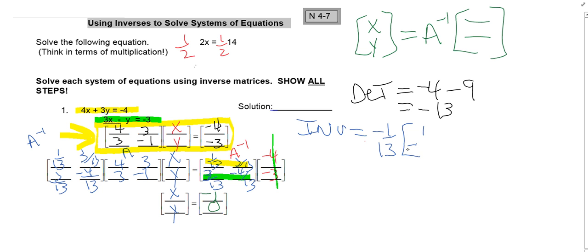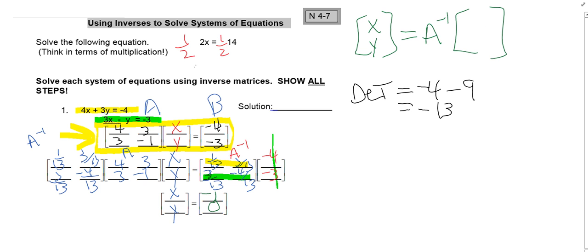I'll show you how to do this pretty quickly. So, in fact, maybe we would be better suited if we labeled our matrix, and if we called this B right here. And so we'll call this first matrix A, which is 4, 3, 3, negative 1.